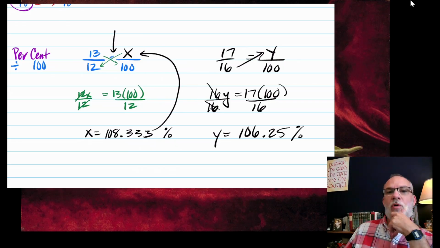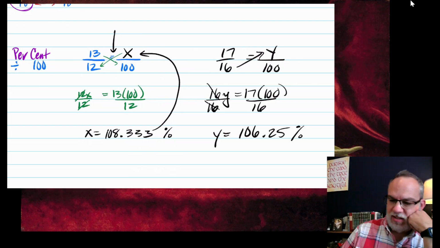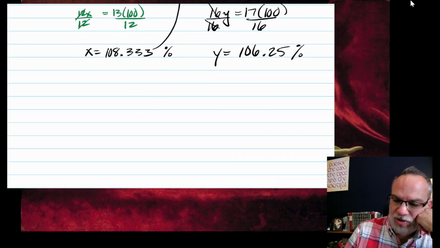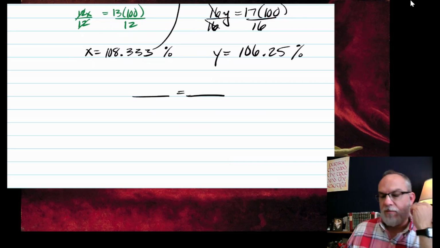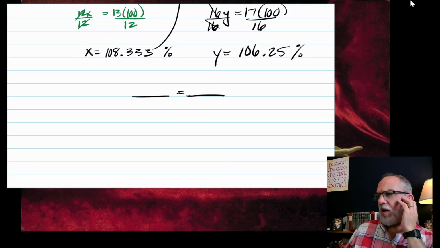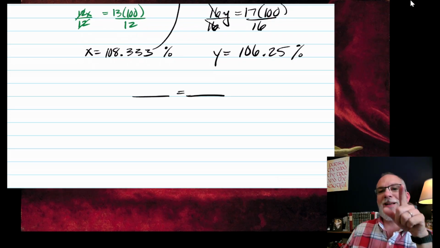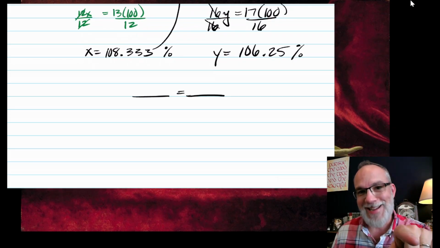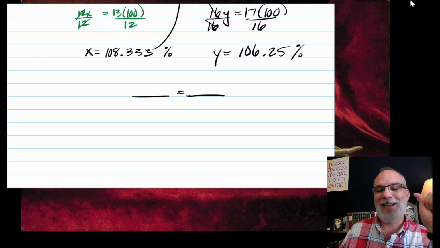Okay, so if you're working with percents, here's the basic template I want you to use. You're going to use a proportion. Fraction bar, equal sign. No, there's a rhyme for that. Line, equal sign. There we go. Line, equal sign.